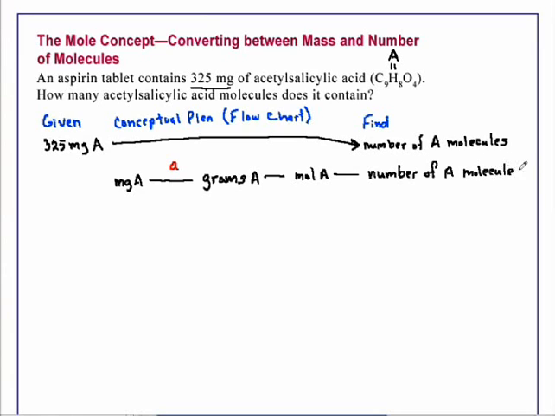So we're going to need two more relationships. We need a relationship to allow us to go from grams of A to moles of A. We'll just designate that by B. And we need a relationship to allow us to go from moles of A to number of A molecules. We'll call that relationship C.